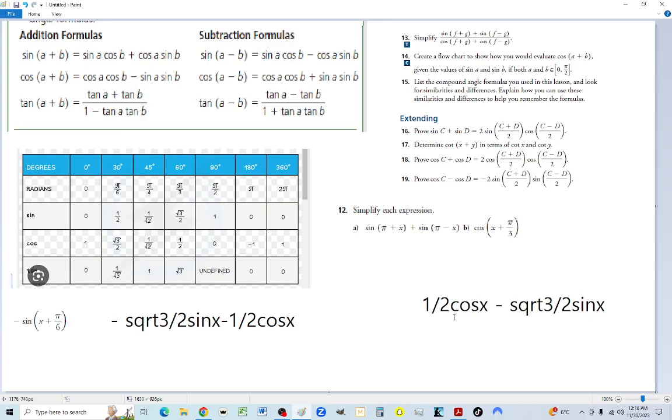No, it should have been minus. And this minus translates into a minus and minus. So you end up with minus 2 square root of 3 over 2, which becomes minus square root of 3 times sine x. And the half cos x's cancel out. So that's what you should be left with, unless I did an arithmetic error. But I don't think I did.